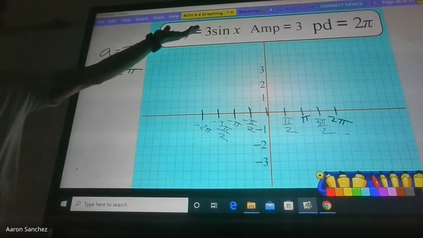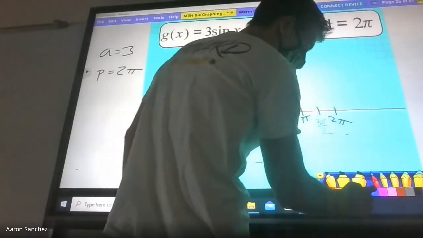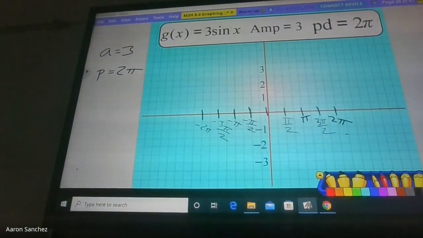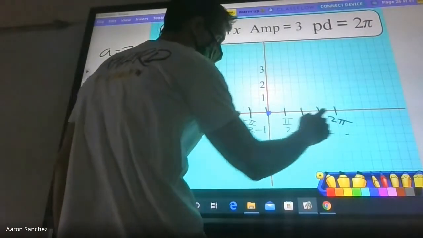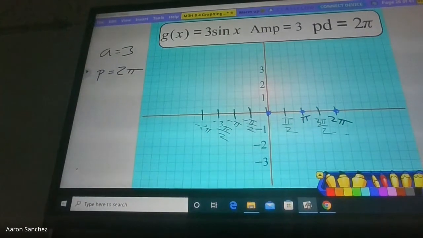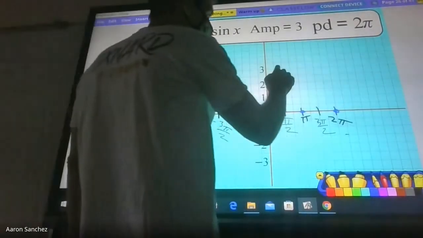What is this? Sine. Where are my zeros in sine? Beginning, last, and middle. And then what? 1 above? But how high does it go? 3, because the amplitude is 3. 1, 2, 3.